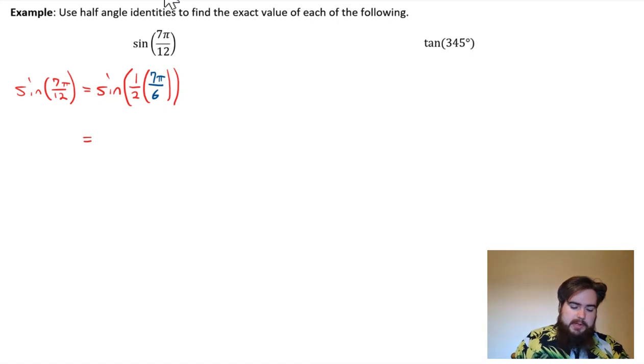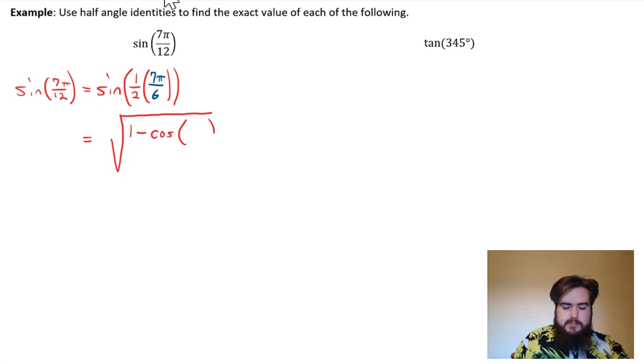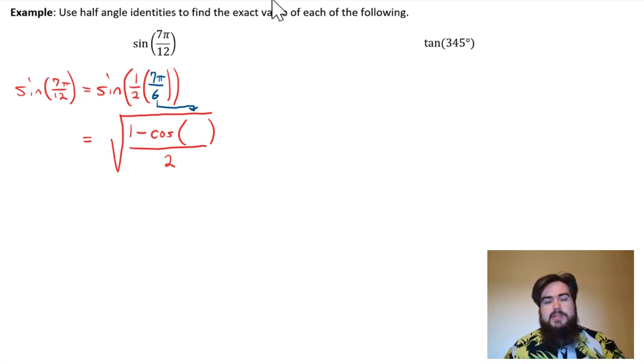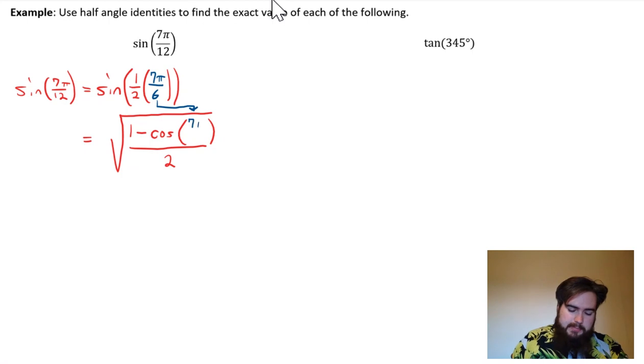The half-angle formula for sine would take the square root of 1 minus cosine, divided by 2, and the angle measure that I just found by factoring out a 1/2 is the one that I will use inside of cosine here, 7 pi over 6.